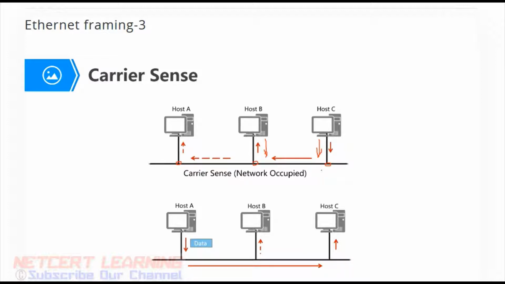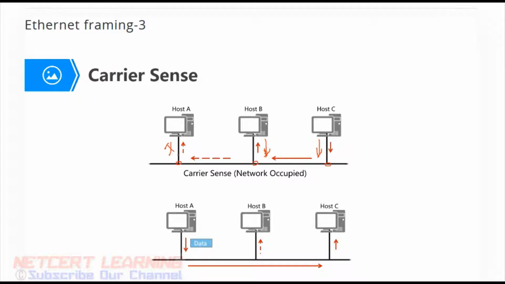The signals of these two computers will interfere, which means the data will be destroyed, and the other computers cannot listen clearly to each one's signals. So collisions should be avoided in the network.